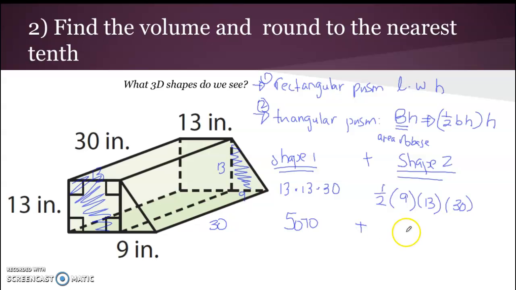This works out to be 1,755. And then remember, your final step, I found the volume of shape 1, I found the volume of shape 2, and then I combine them: 6,825 inches cubed. So this, guys, is similar to the compound area. You're just doing it with the volume formulas we learned last week.